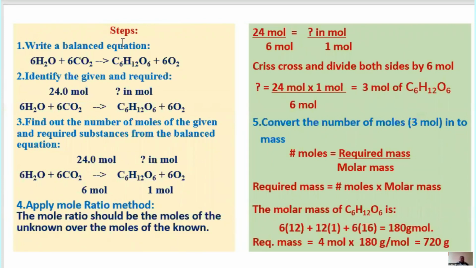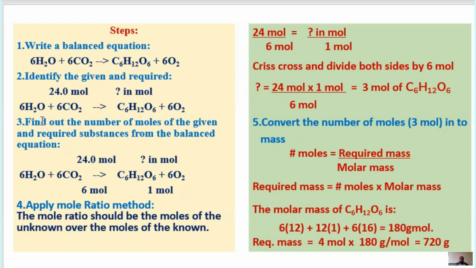First, write the balanced chemical equation: 6 moles of H2O combined with 6 moles of carbon dioxide give C6H12O6 plus 6 oxygen. The second step is to identify the given and required. Here we balance the chemical reaction, the combination of water and carbon dioxide that produces glucose and oxygen gas.